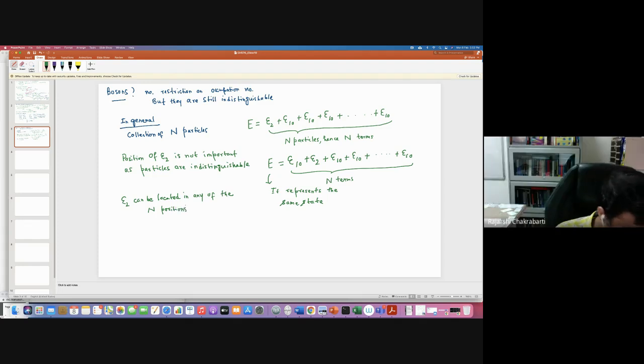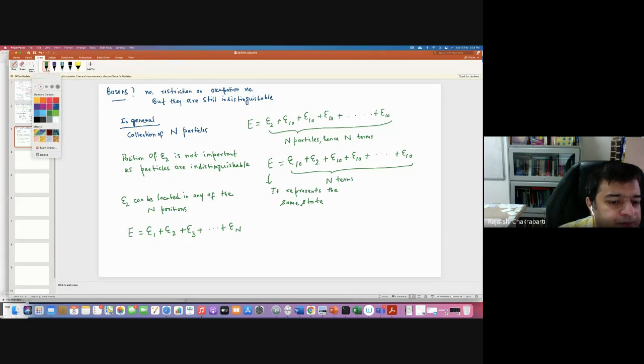Now I have given very simple examples with one. I give you another simple example: I have one particle on each level. This is another configuration, another arrangement.